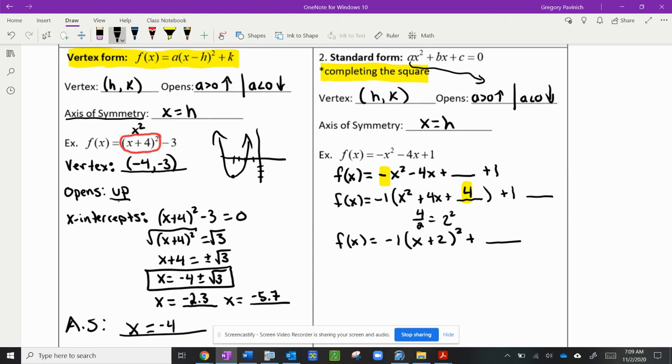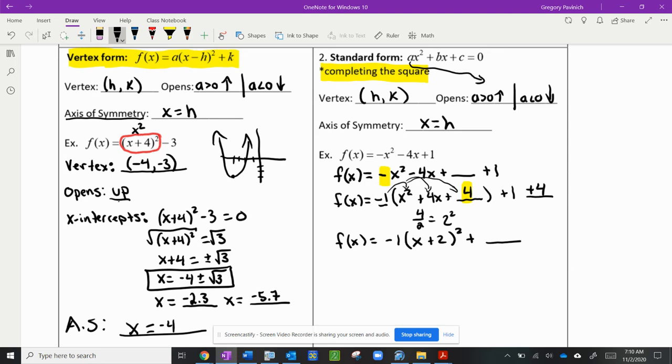However, another tricky part is I did factor out this -1. So if we use the distributive property, notice I would distribute this -1 back in and get -x squared minus 4x minus 4. So I'm not technically adding a 4, I'm adding a -4. So what I have to add on the other blank is a +4 to cancel out that -4 that I put in that blank.